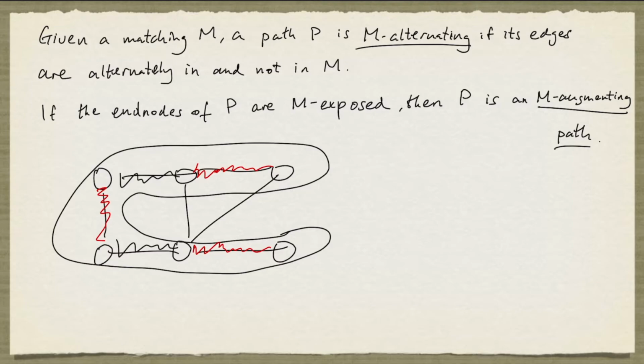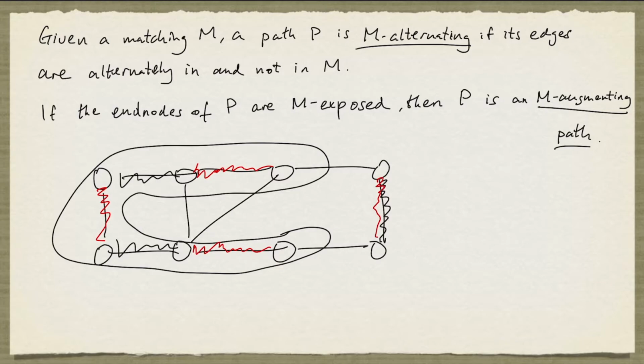The red edges are my new matching edges and the black edges are thrown out. And it is possible that there's some other part of the graph where there's a matching edge. So now, what is my matching? Well, my matching will be in red. And you can see that I have one extra edge in my matching than the original one.